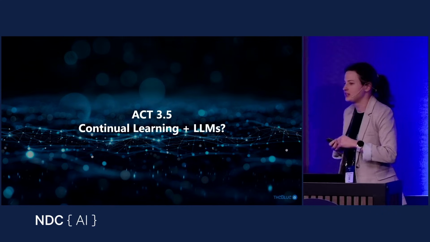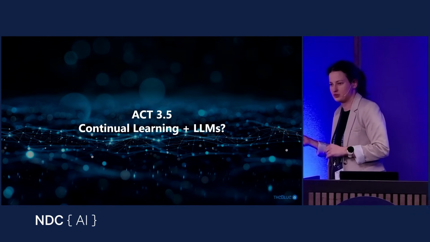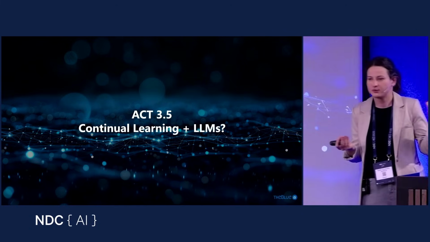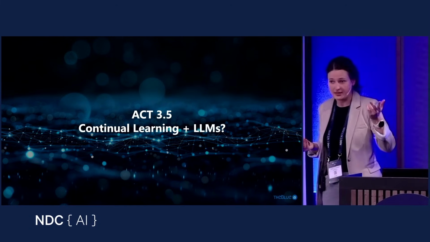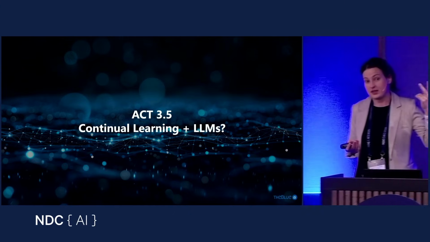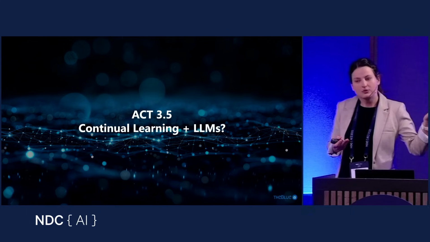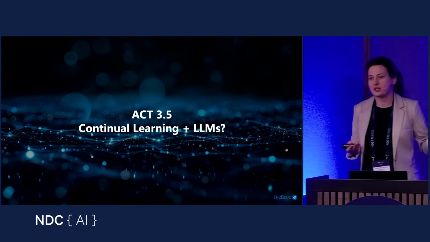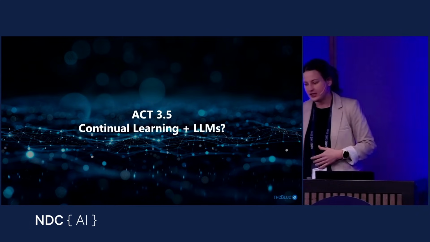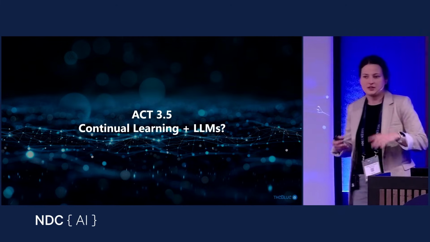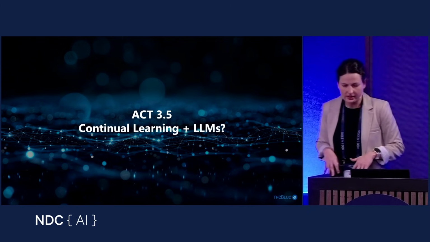If we think about how LLMs are being trained, it's not just one training loop, right? We have different stages. We have the pre-training, the instruction tuning, the alignment, and each of these cases can have its own continual learning. So we can pre-train with new knowledge, we can train on new instructions. If you're playing with parameter-efficient fine-tuning or LoRA, so low-rank adaptation, this is a part of the instruction tuning.